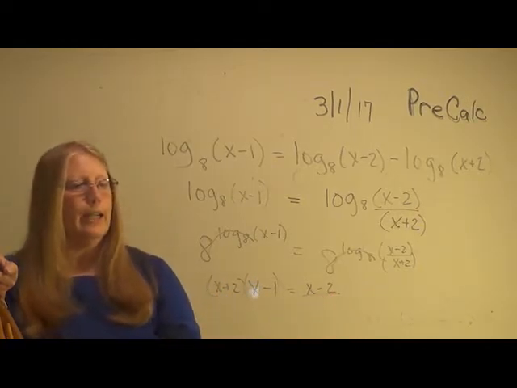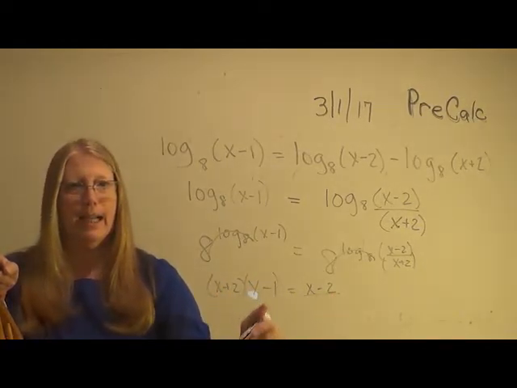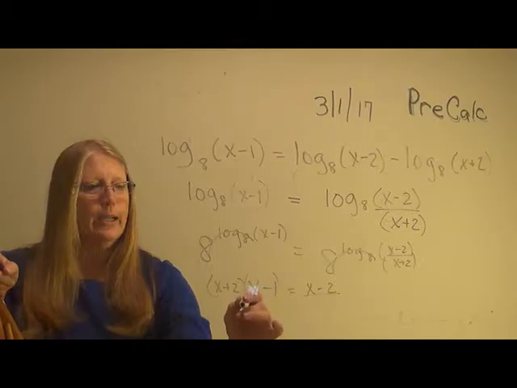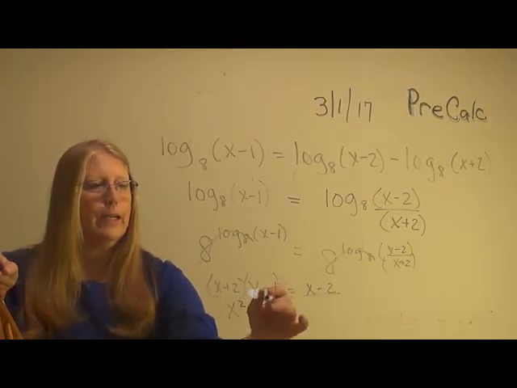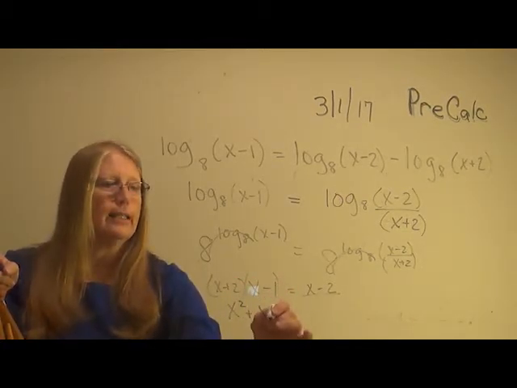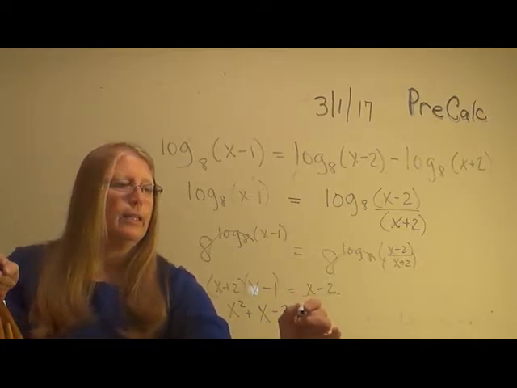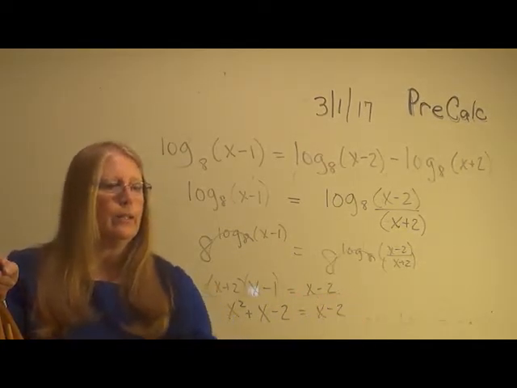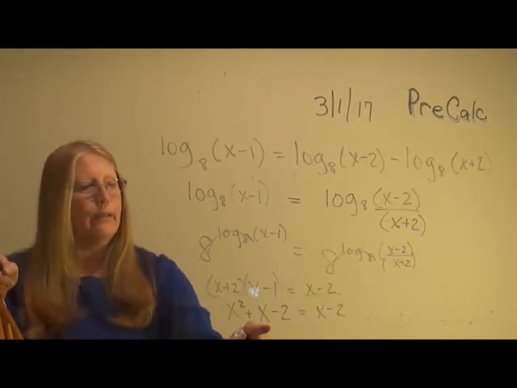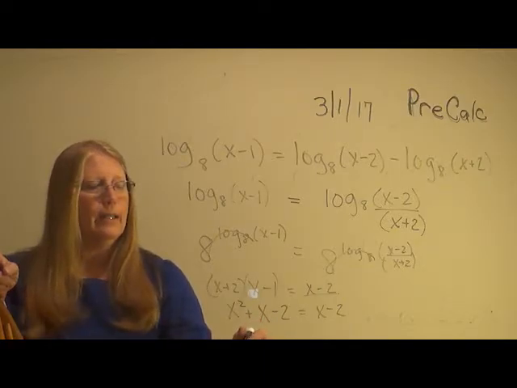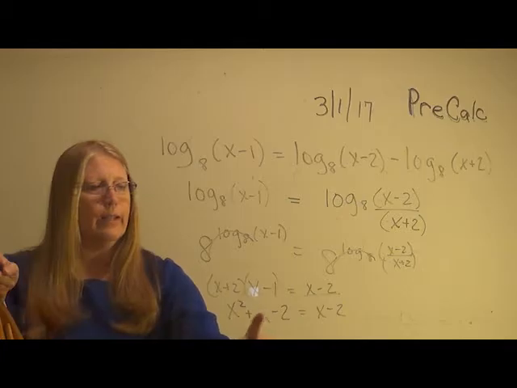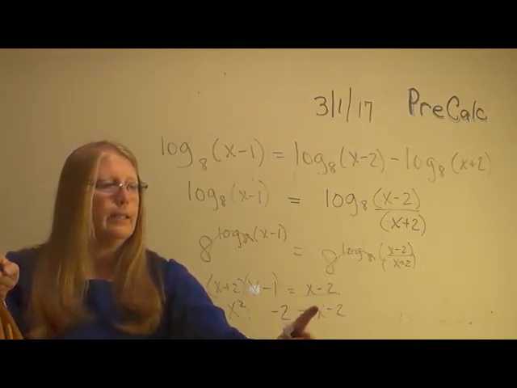Alright, so now this can be multiplied out. I get x squared plus 2x minus x, which is x minus 2, and on this side x minus 2. If I move the x over by subtraction, the x's disappear.